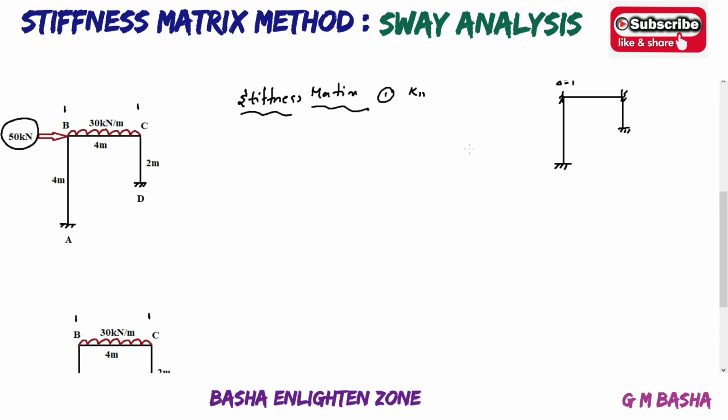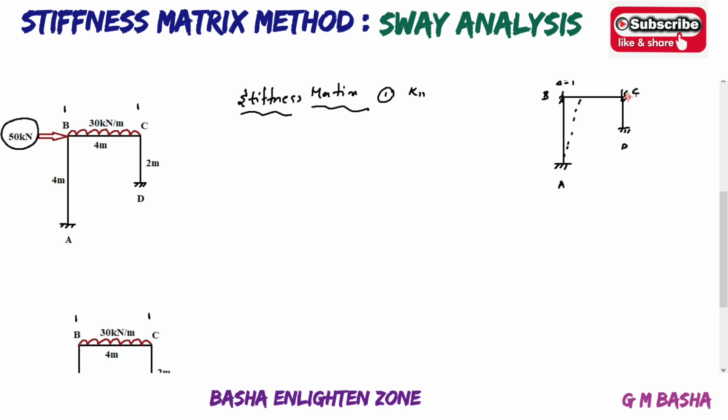You have to release the structure at B and apply unit rotation at B. Okay, that is K11. For that, what are we taking? So this is A, B, C, D. Generally whenever sway occurs, it will be like this.